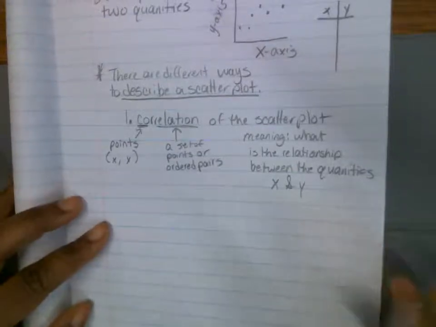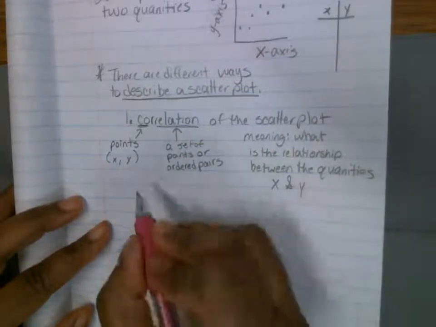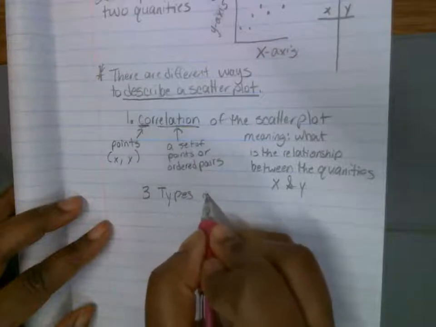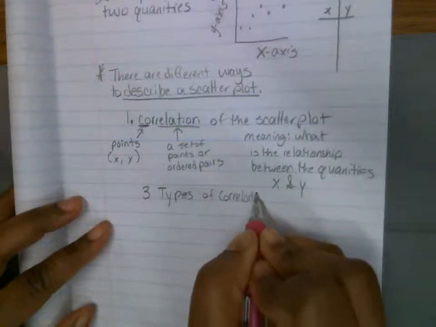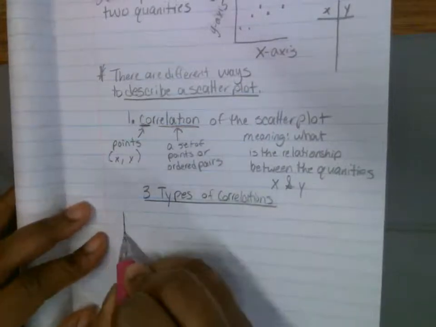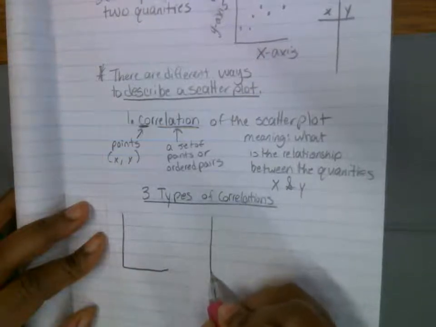Okay? There are three types of correlations. Three types. We're going to draw the different types. So we're going to draw three different graphs.